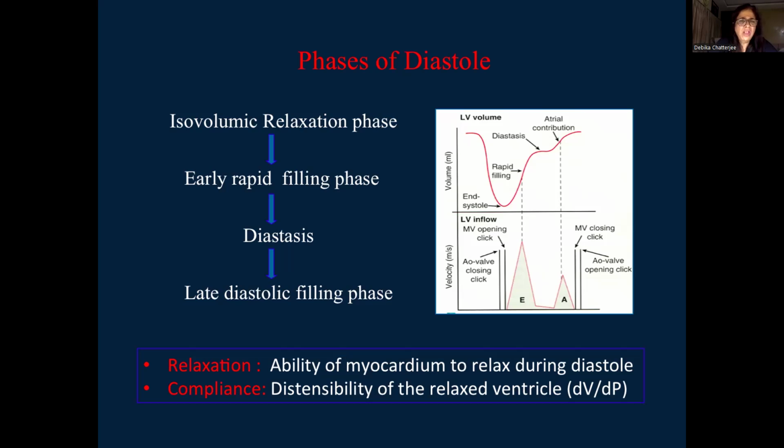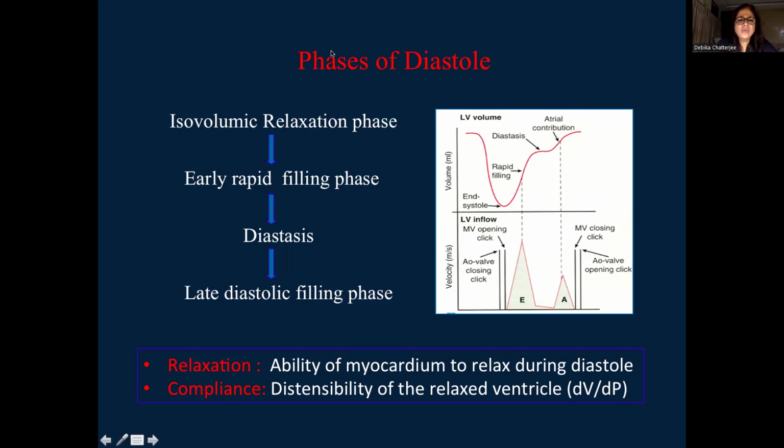It has gone down till the time when its pressure is lower than the LA pressure, because blood flows from the higher pressure chamber to the lower pressure chamber. So as soon as the LA pressure becomes higher than the LV pressure, the mitral valve opens.